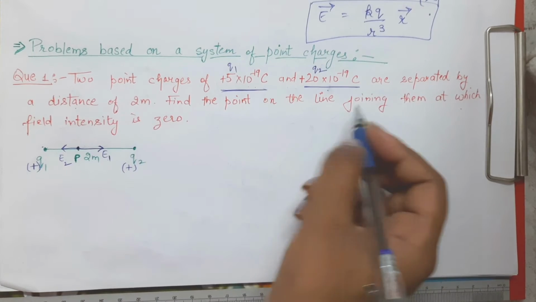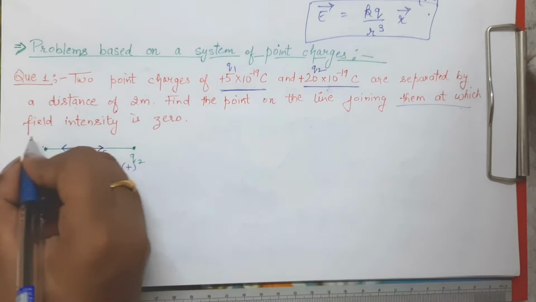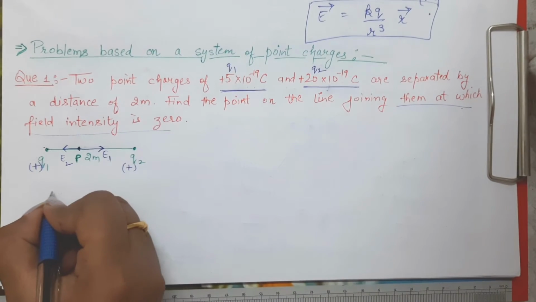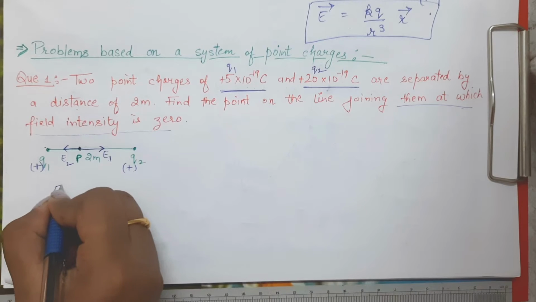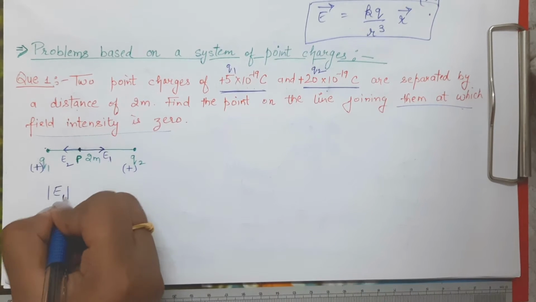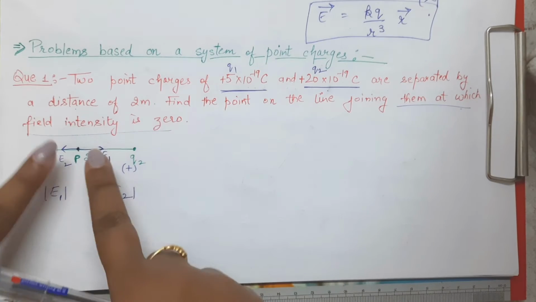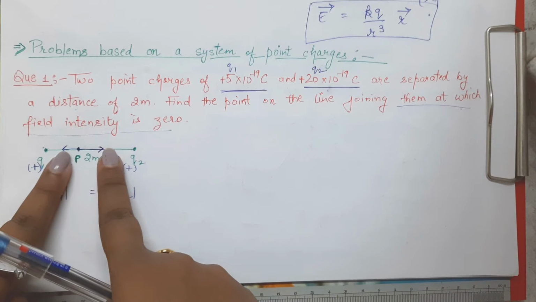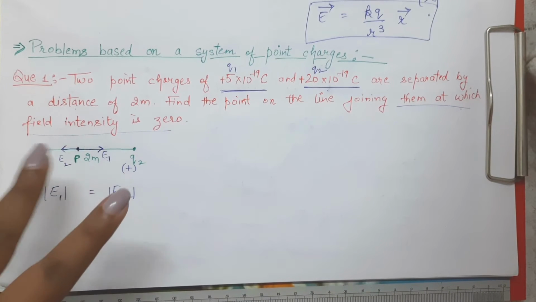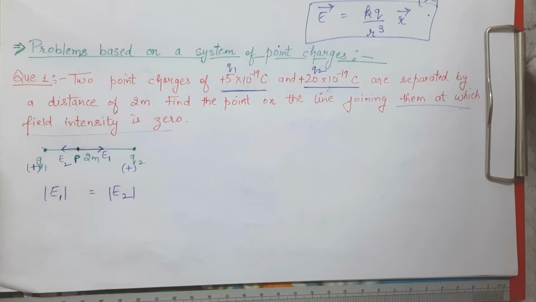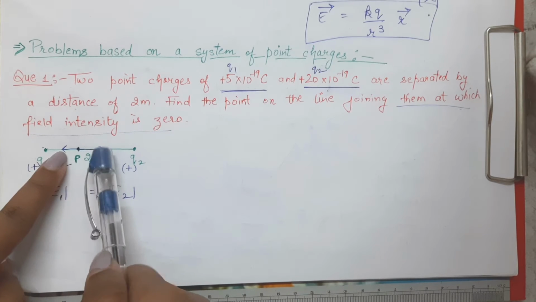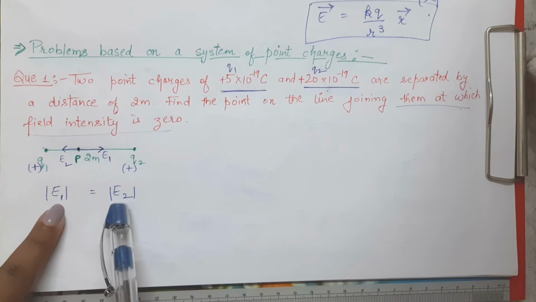So for the field intensity to be 0, the magnitude of E1 should be equal to the magnitude of E2. These two fields, when opposite in direction and equal in magnitude, cancel each other out.